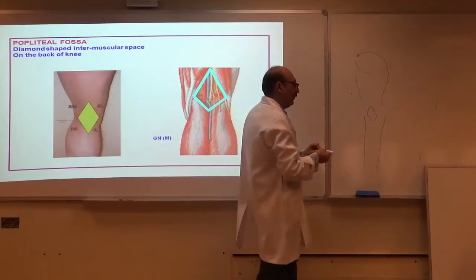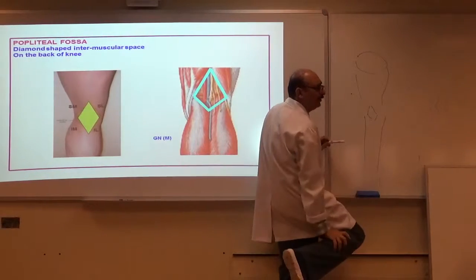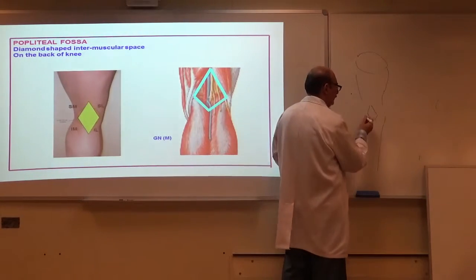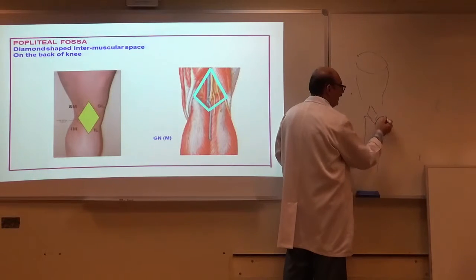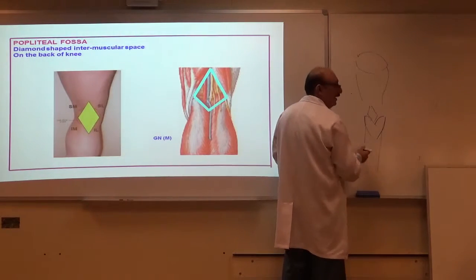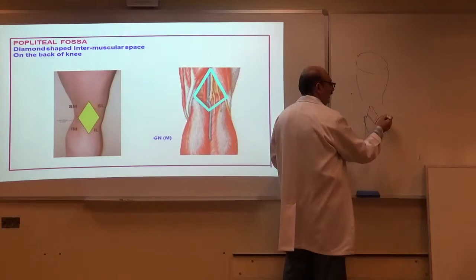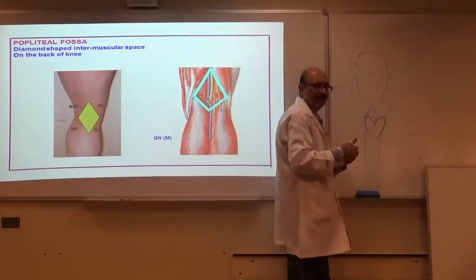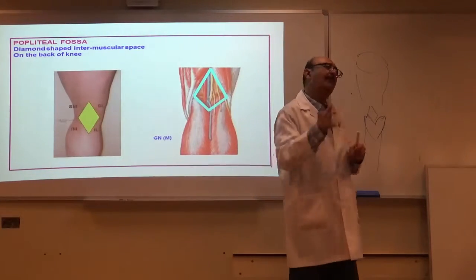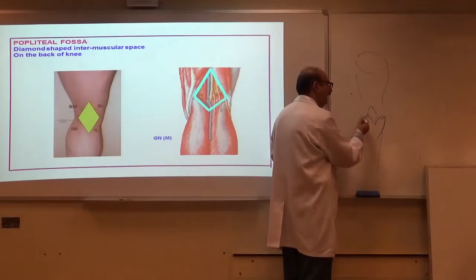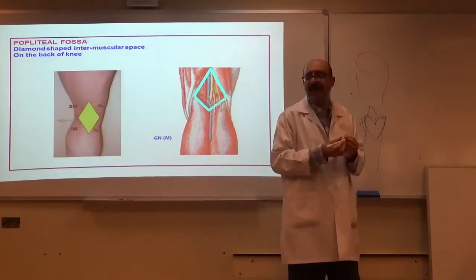Clear? So, in the leg, when you feel here, you feel a very bulky muscle. This muscle is called gastrocnemius. It has two heads. Plus there are some other muscles, plantaris, and you will deal with them in the leg.